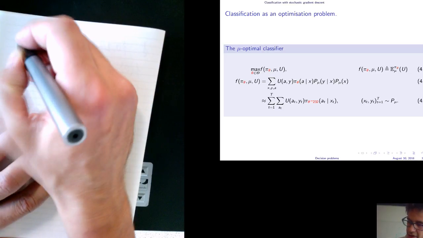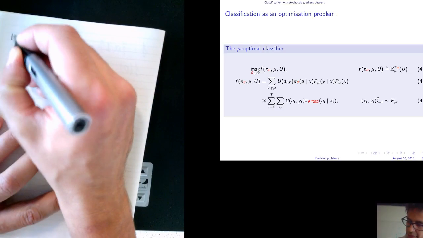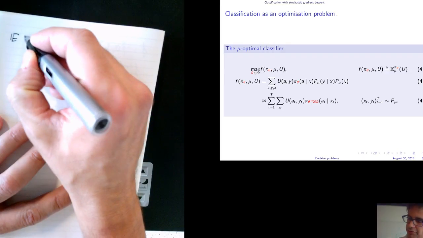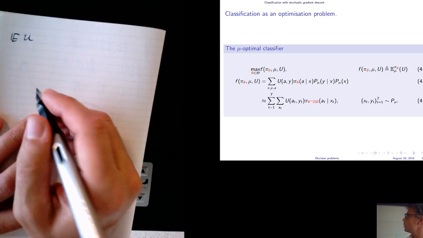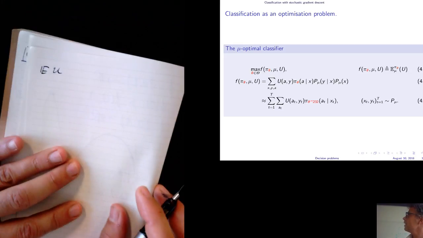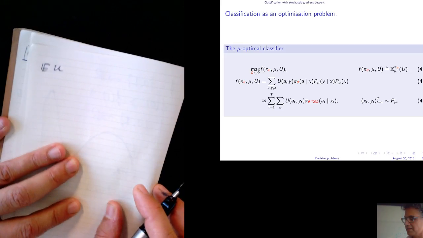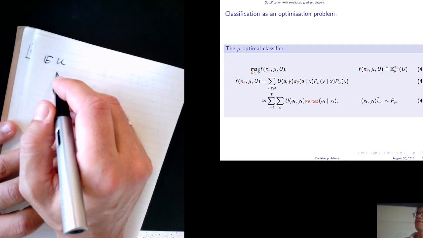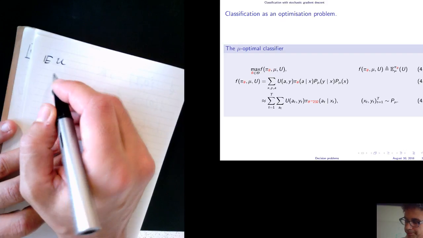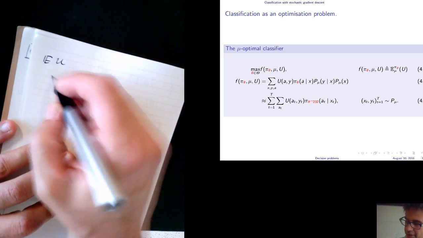We say that we care about expected utility, right? So this is what we want to maximize. And we want to approximate expected utility by taking a sum over a finite number of samples from the data. Okay, that's fine.